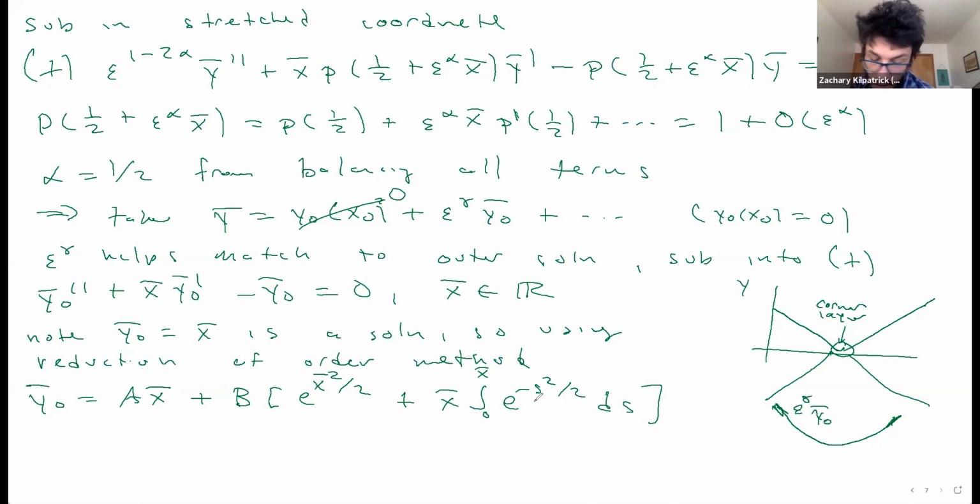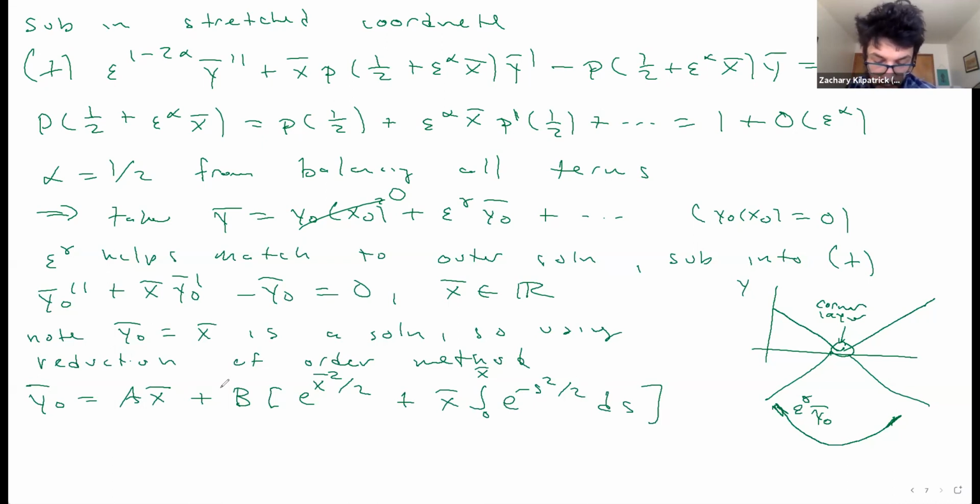The point is, assuming we can get some sort of solution like this, we hope that it has some free coefficients. In this case, we have 2 free coefficients, but we already have our x0 constraint, so that's not a free coefficient anymore.